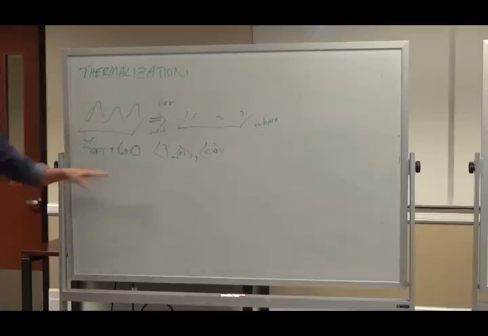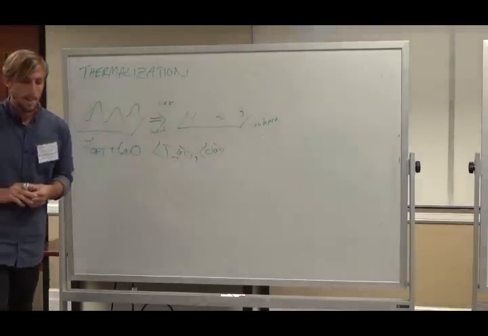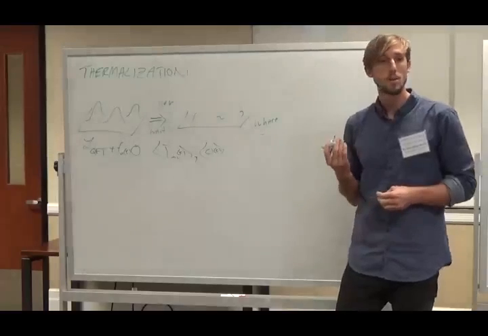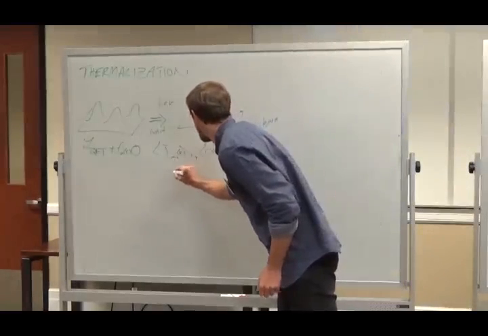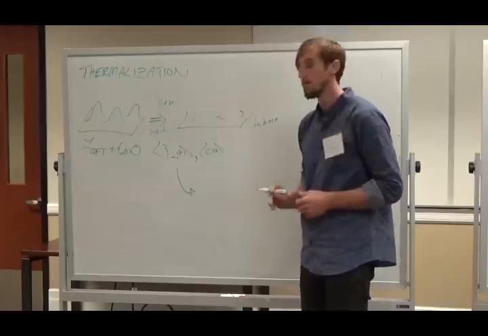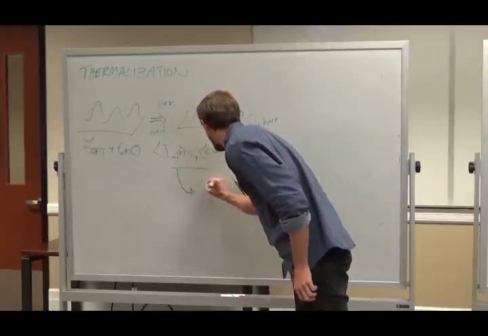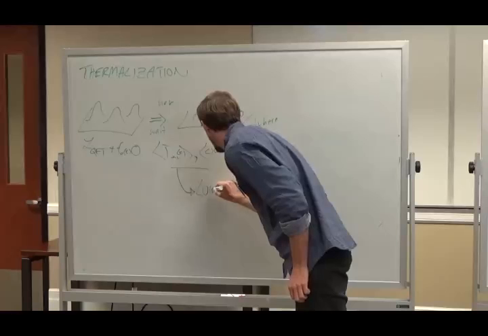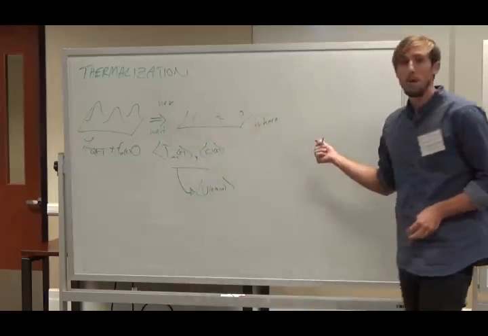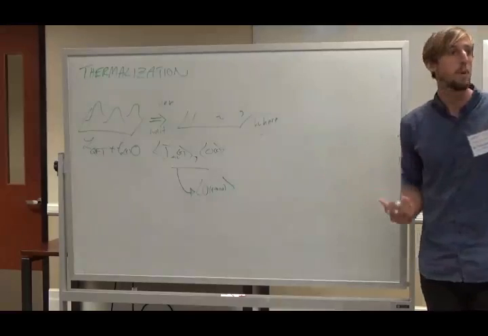Right, so I'm going to perturb the field theory, I'm going to measure the response here, and I want to know where I end up. So it might be that at late times, these one-point functions, so let me just focus on this one. Actually, it doesn't matter. I just don't want to write it twice. So it might happen that at late times my system equilibrates, which means these one-point functions are no longer time-dependent.